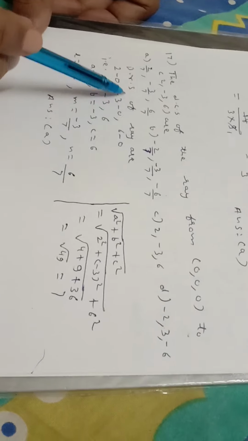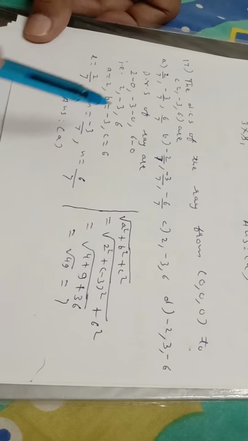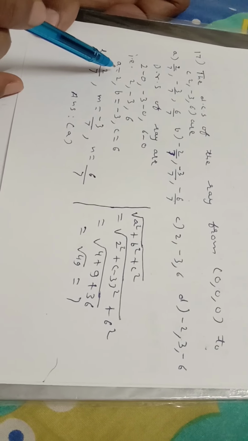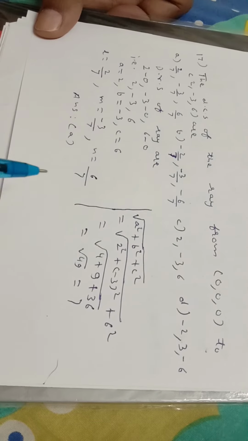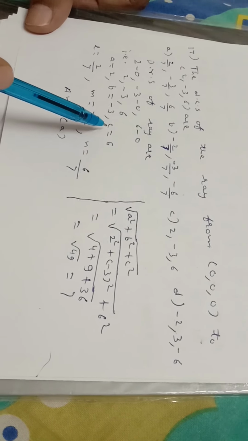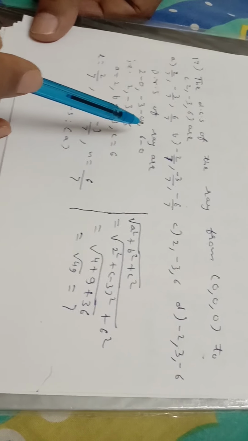So here the direction ratios of the ray we have found. Direction ratios we have denoted by a, b, c. After getting direction ratios, we can find direction cosines.